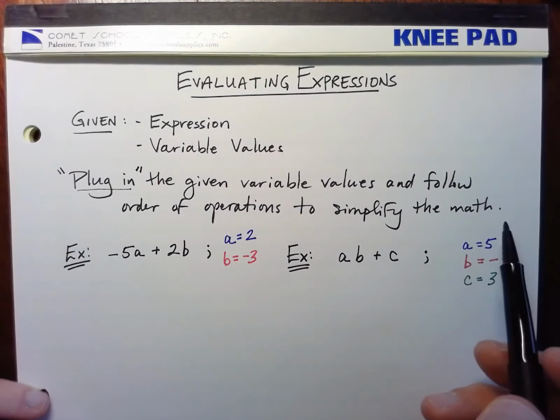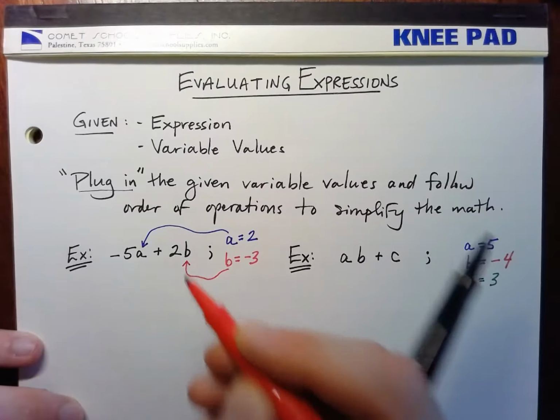So an example would be negative 5a plus 2b, and we're told that a equals 2 and b equals negative 3. If this is the case, then the a is simply going to go in right here, and the b is simply going to go in right here.